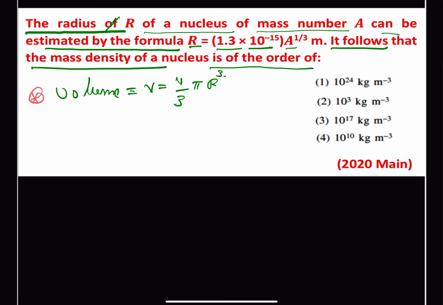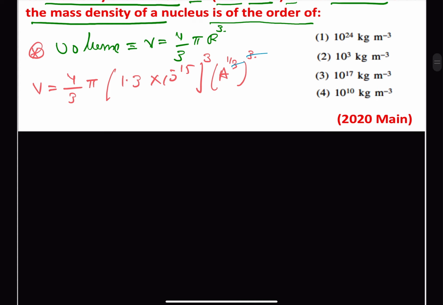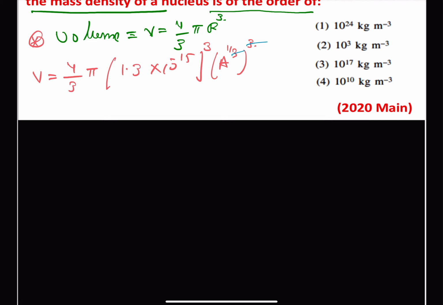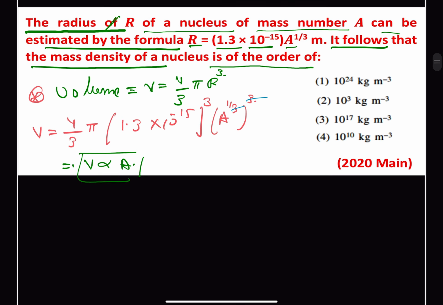So we substitute it, we get our volume V is equal to 4 by 3 pi, and we get this as 1.3 into 10 to the power minus 15, and this is our whole cube, and this comes as A raised to power 1 by 3, and this also is a whole cube. Here the 1 by 3 and this 3 go away. So at least from here, everything will be constant. We can say that our volume is proportional to A, where A is our mass number.